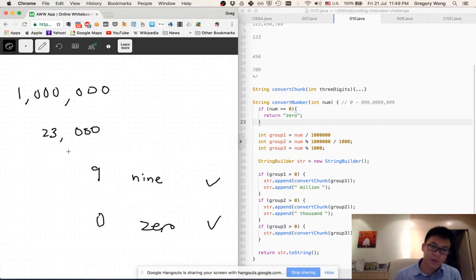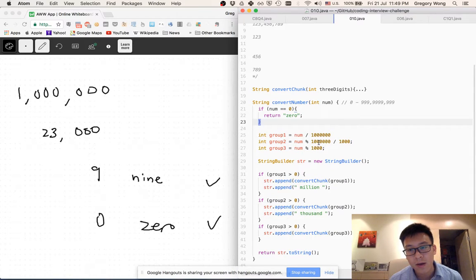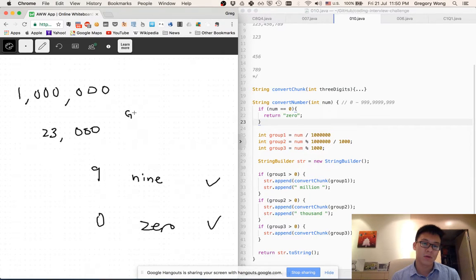So let's look at 23,000. It's not 0, so we skip this. Group 1 is 0. Group 2 is 23,000 mod by 1 million. That would still be 23,000 divided by 1,000. And we got 23 for group 2. And we got 0 for group 3.